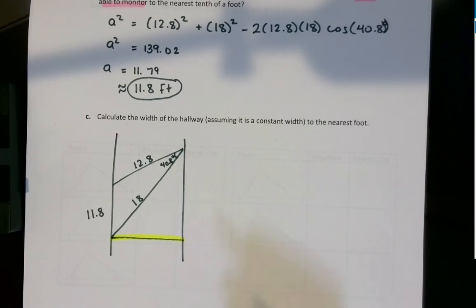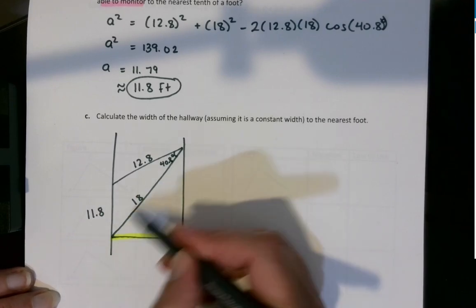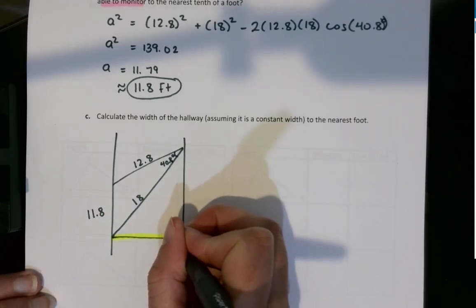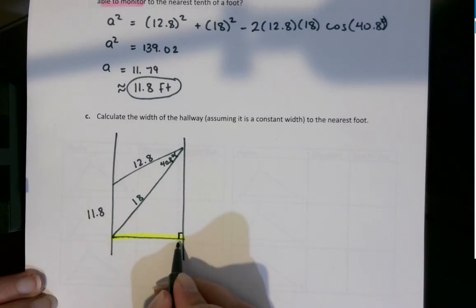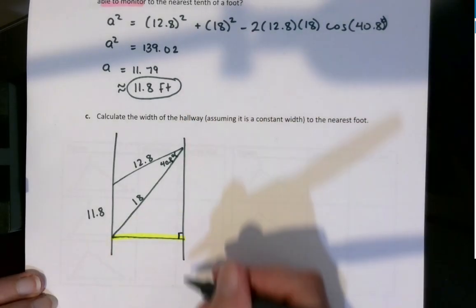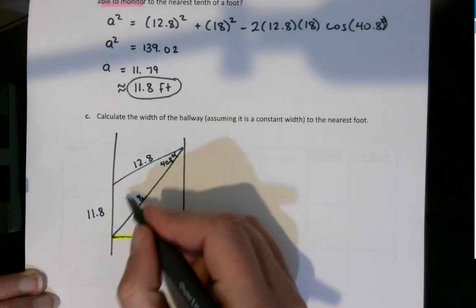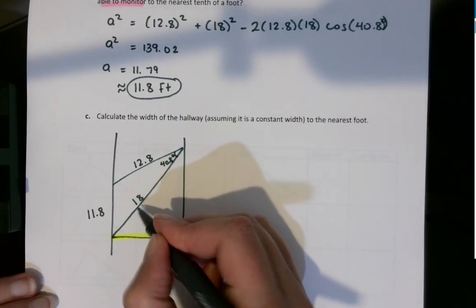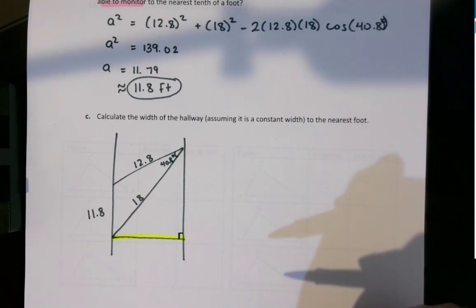Now in this triangle, I know that the hypotenuse of this triangle, and I can say hypotenuse because we're assuming this is now a right triangle, that the width would be perpendicular to the length of this hallway. So the hypotenuse of this right triangle is going to be a measure of 18, but I don't know the length of any of the other sides, nor do I know any of the angles.